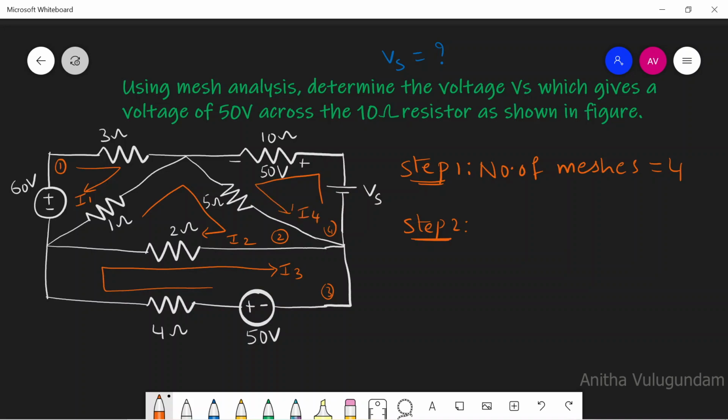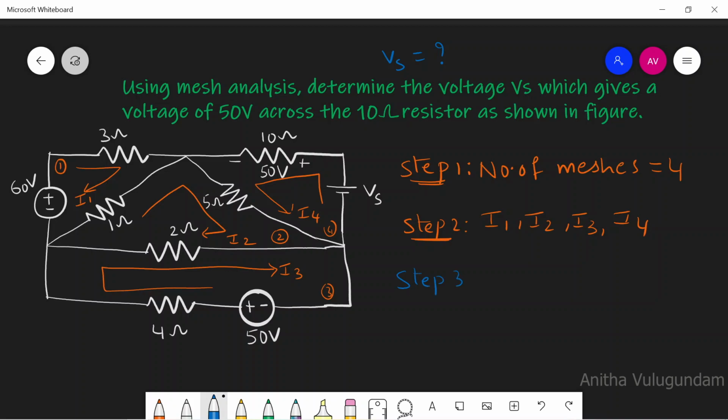The reason is that here it has been clearly given in the circuit 50 volts and the related traveling of current. Current always flows from higher potential to lower potential. So I am assuming I4 to be traveling in this direction. I1, I2, I3 and I4 are the assigned mesh currents.